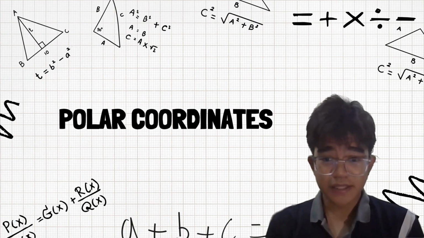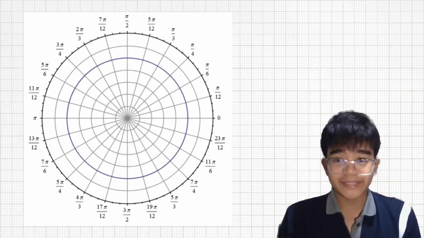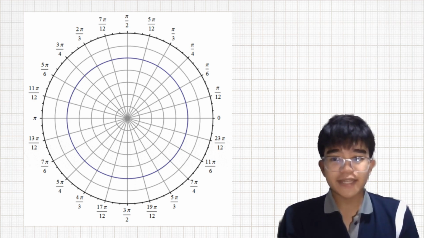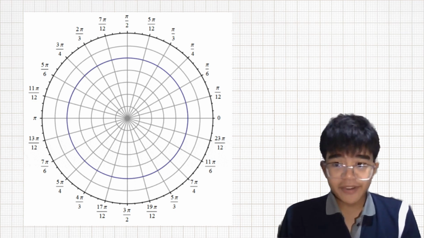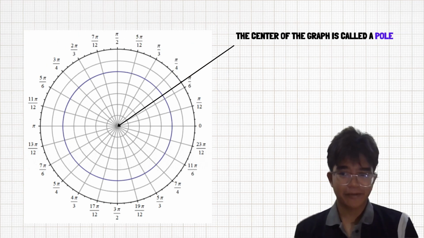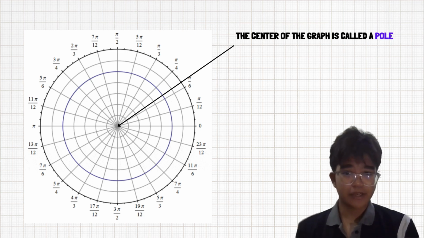Now, let us discuss polar coordinates. This is a polar coordinate graph, which is a specialized mathematical grid used to plot points and functions based on the distance and angle rather than the standard horizontal and vertical xy coordinates. In the Cartesian system, x and y, we call the center the origin.